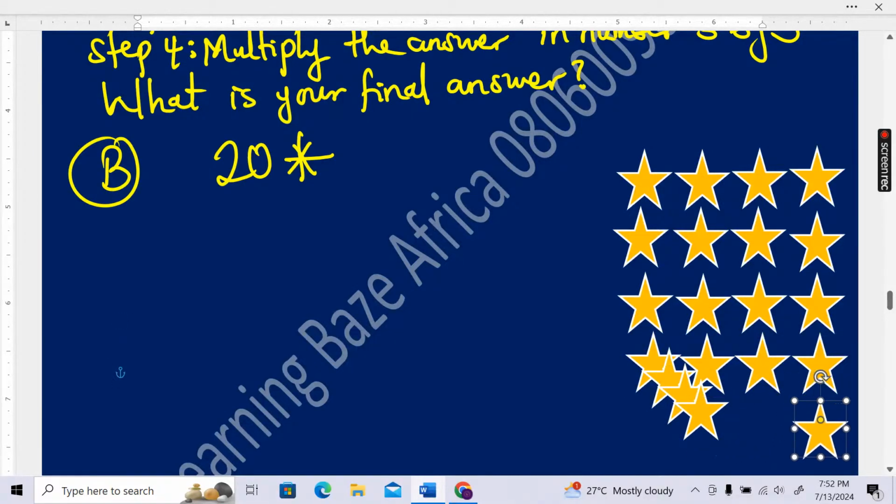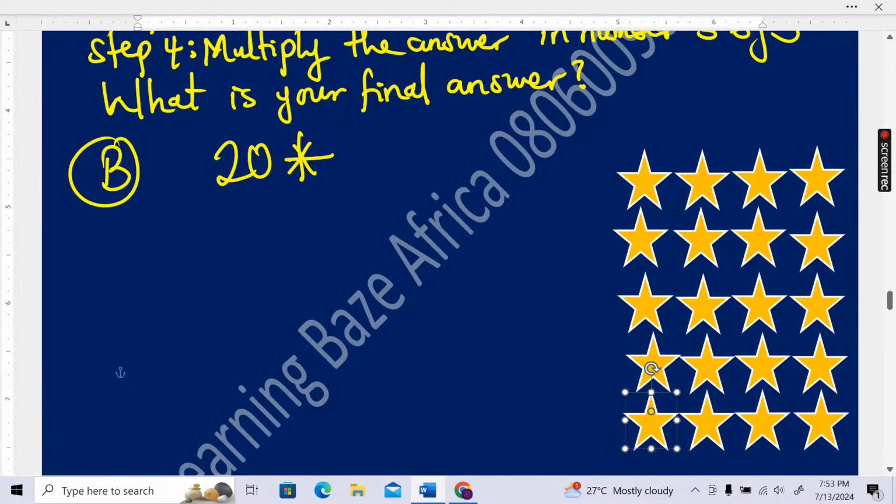Okay, now we have 20 beautiful stars. Yes, that's 4 stars in 5 places. That's 20. Okay, so 20 stars ready for the students who will get this right. So make sure you think fast.